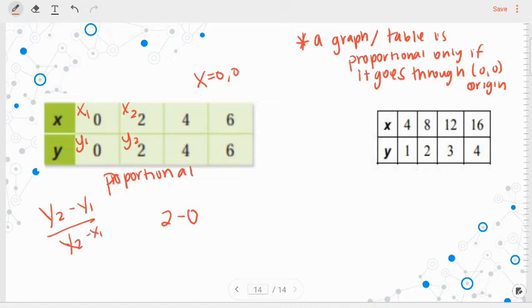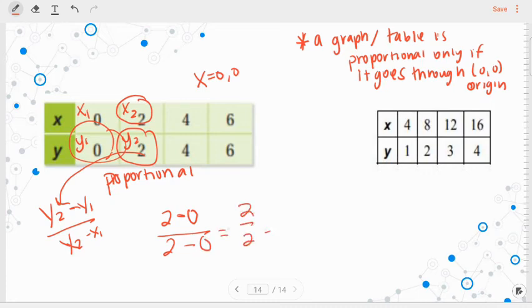I'm chugging and plugging. So I'm taking y2, plugging it in here, 2. Writing the minus sign down. y1 is 0, so 2 minus 0 over, what are my x values? 2 minus 0. And if I simplify that, 2 over 2, my m is 1. My y-intercept is (0, 0).